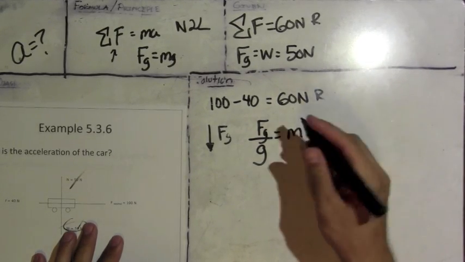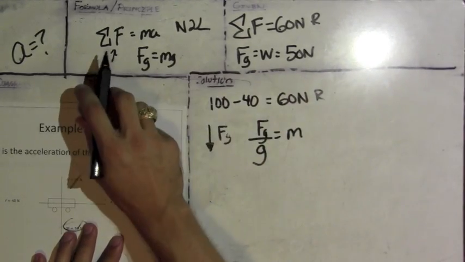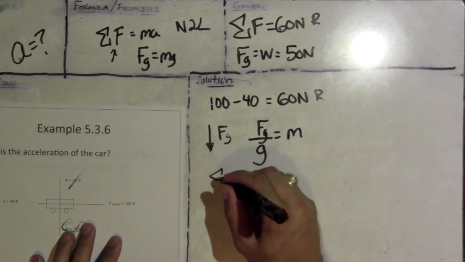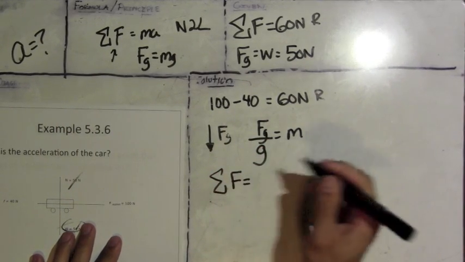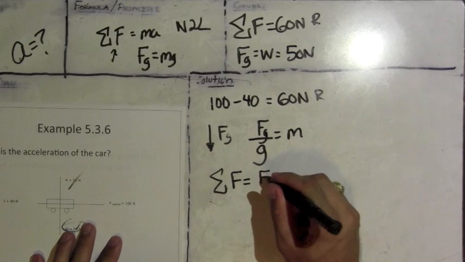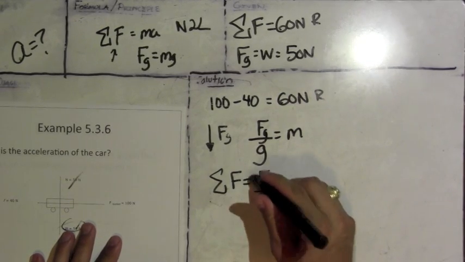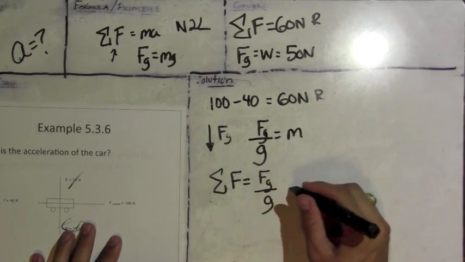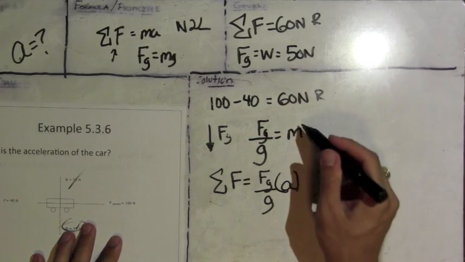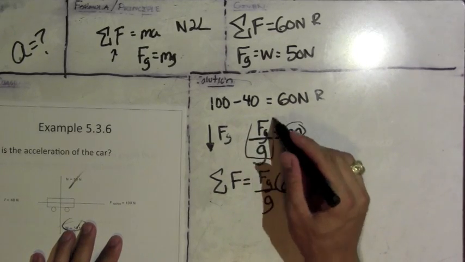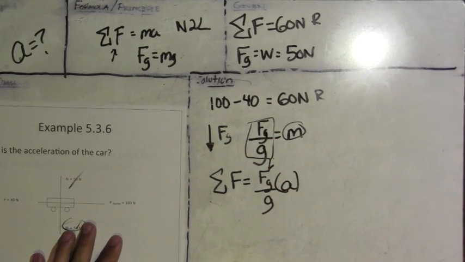So if we have our original equation, sum of the forces is equal to, instead of mass, Fg over g times the acceleration value. So what I did is I just substituted this value right here in for m.